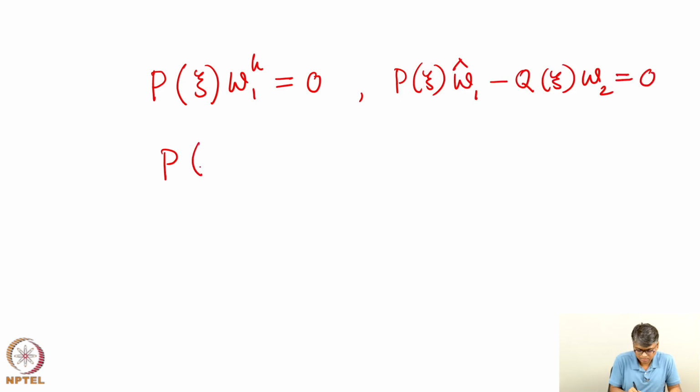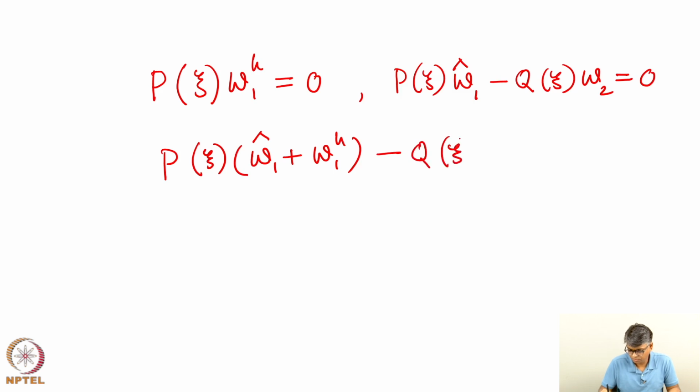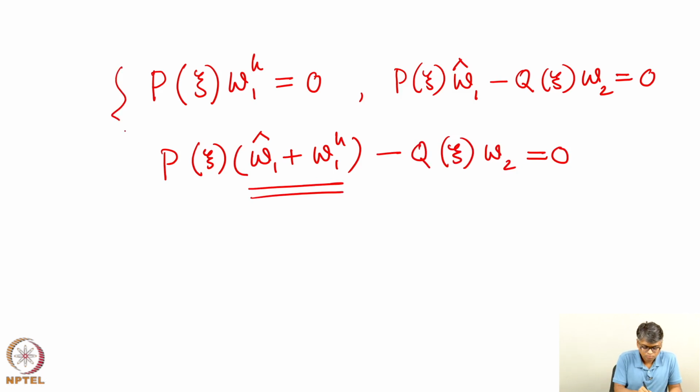In that case, w1 hat plus w1 H also satisfies the same equation, right? So obviously this is also a solution. So not necessarily unique solutions, but as long as you have one solution, you're happy, right?